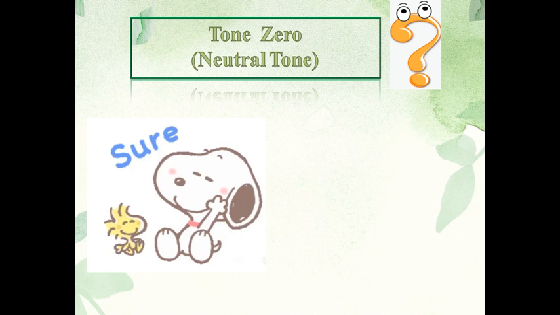And the phonetic symbol, or say the IPA of the word sure, is like this. The sound here. Or if you know the linguistic term, the schwa here is having the same tone as tone 0. Maybe a little better with some examples.